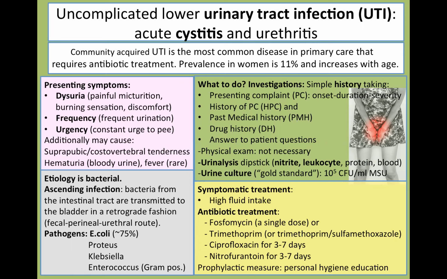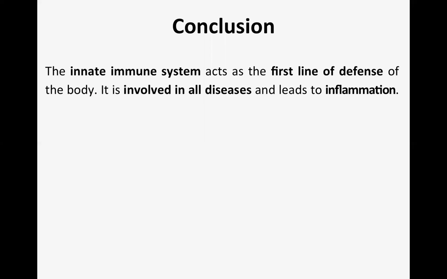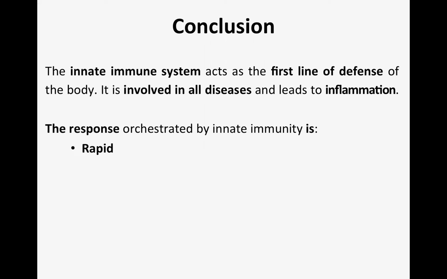And that's it. So the innate immune system and inflammation are very important. Almost all diseases will have some involvement of the innate immune system, because this is the first line of defense of our body.